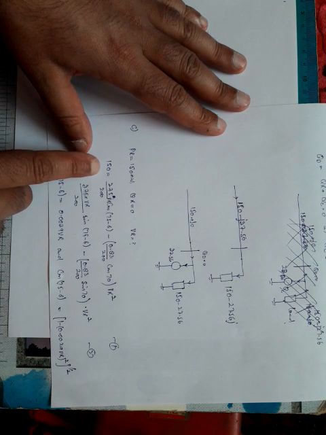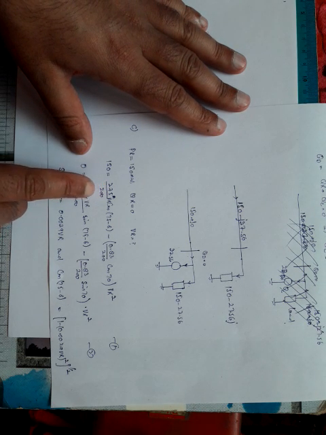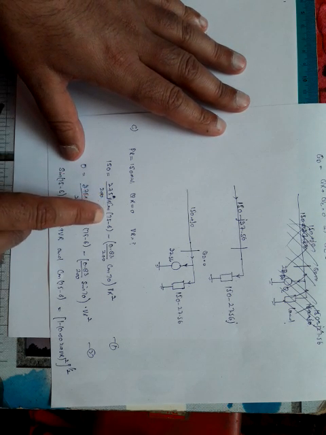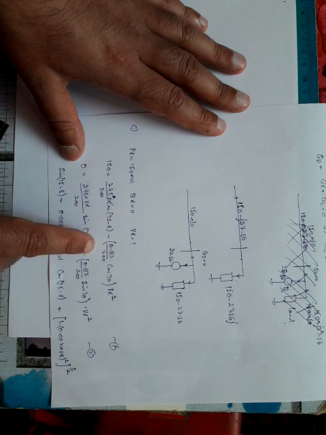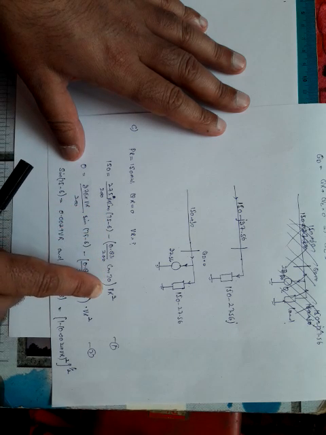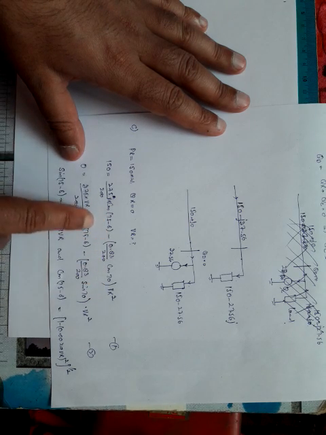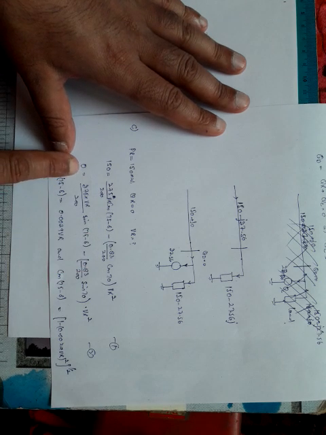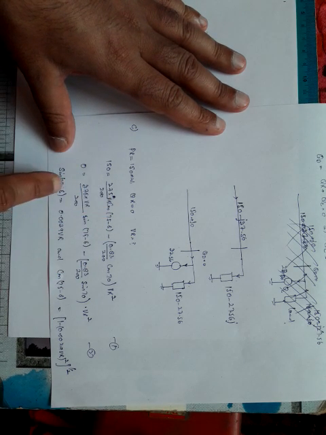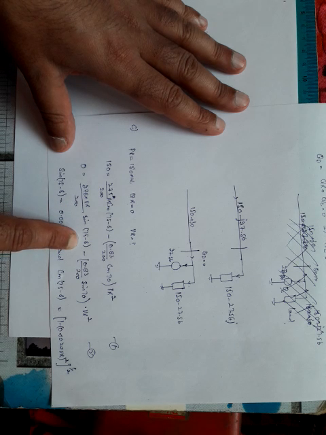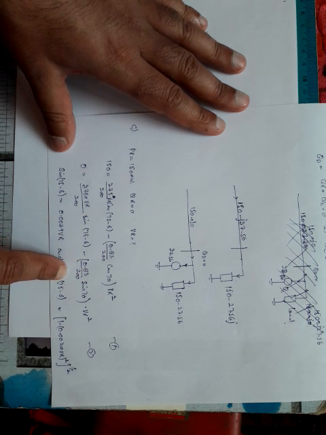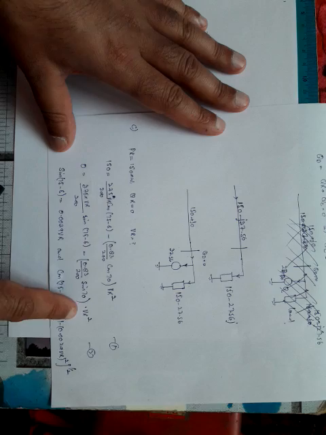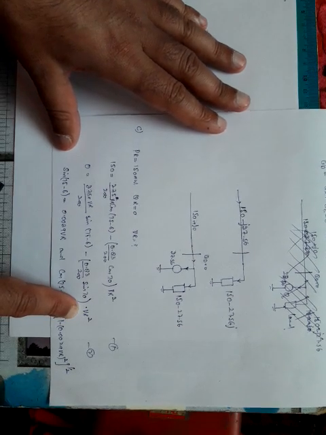I will put it over here. It is 150 is equal to 275 by 200 into VR cos of 75 minus delta minus 0.83 by 200 cos of 70 into VR square. In this you will see that there are two variables, delta and VR. Similarly 0 is equal to, because QR is equal to 0, 275 into VR by 200 sine of 75 minus delta minus 0.83 by 200 sine of 70 into VR square.